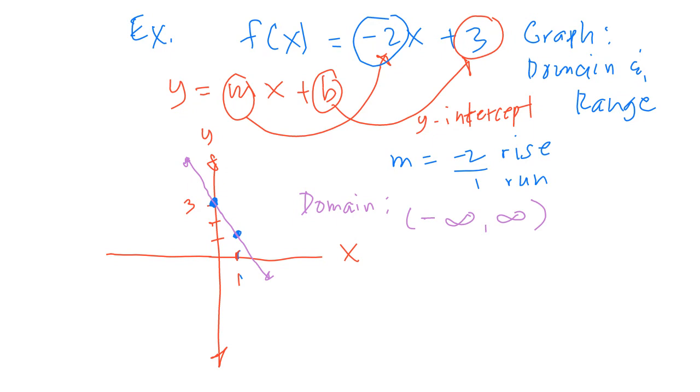The range is your y values. Because the line is moving upward and moving downward, it occupies all the y values for your line. So it gives you all real numbers also. Okay, so that would be our first example.